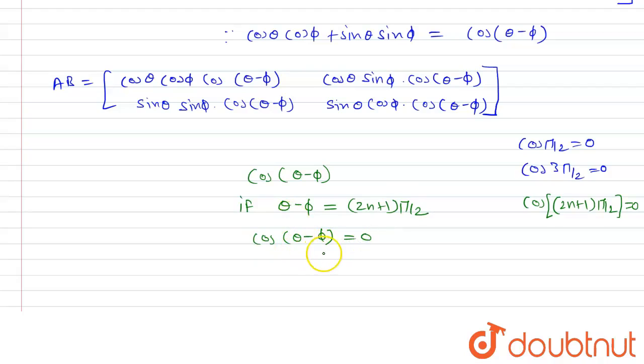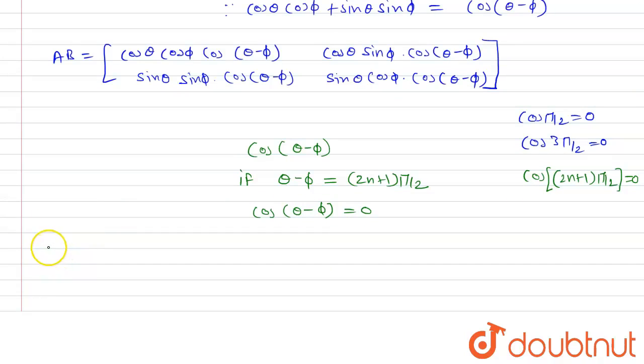And if this term becomes 0 and it multiplies with these other terms, then ultimately all the terms will also become 0. The overall value will be 0. Now the AB matrix will become 0, 0, 0 and 0.